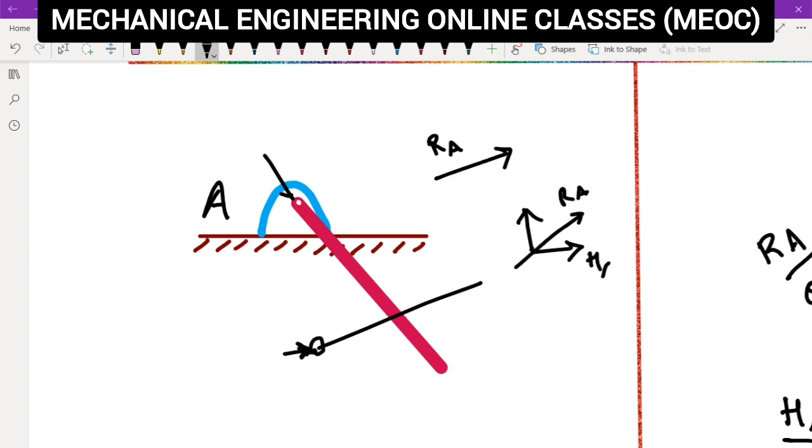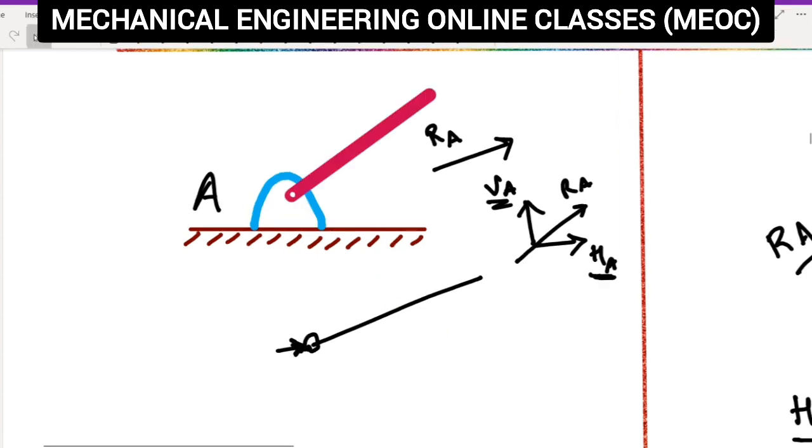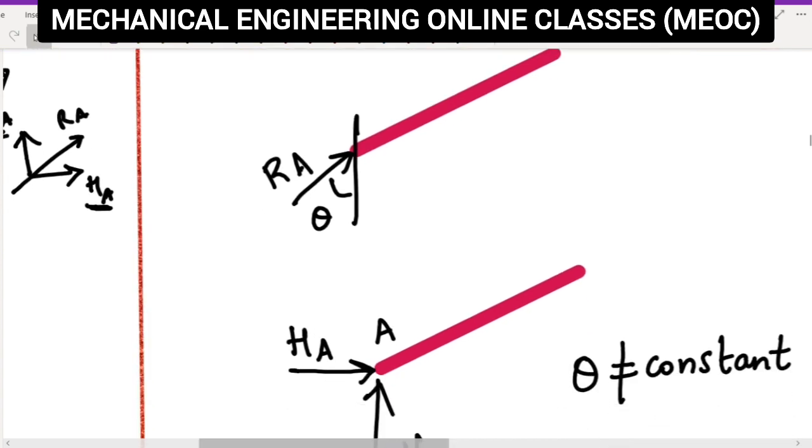We are considering it as HA and VA. The vertical component at A is VA, the horizontal component at A is HA. No matter in which direction this object is about the pin, we can split our RA into two rectangular components, one along the horizontal and the other along the vertical. That is shown here.